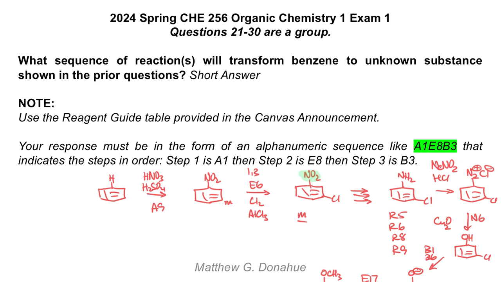So if you put that all together, the form it should be like is A9, E6, R5, O8, N6, B6, E17.